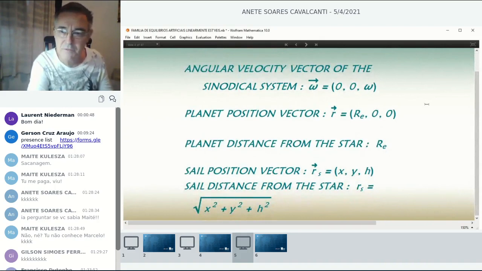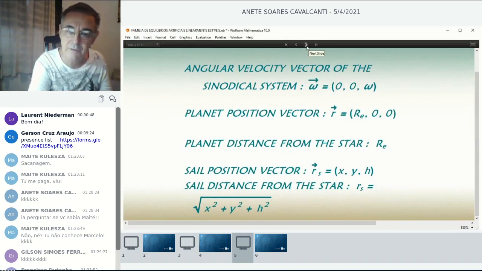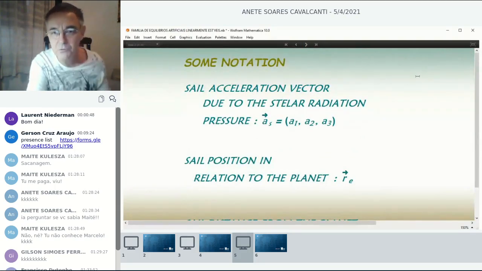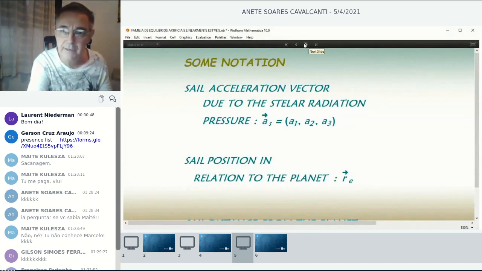The sail position, that's the important thing here, is x, y, h, and its distance from the star is obviously given by the square root of the sum of the squares of the coordinates. And here you have the important new thing, that is the sail acceleration vector, which is due to the stellar radiation, and call it AS, with coordinates A1, A2, and A3, okay?